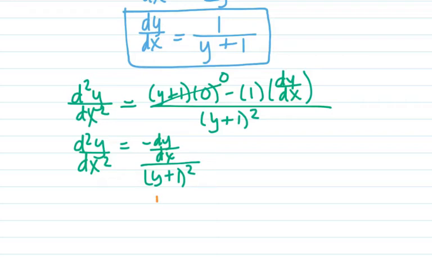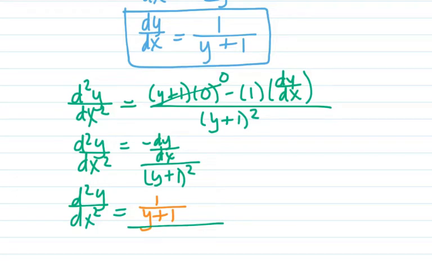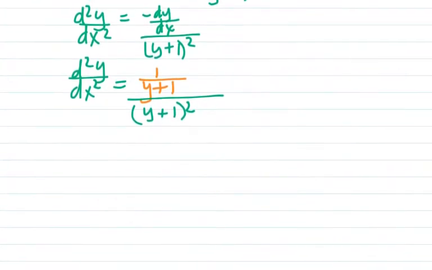So our numerator is 1 over y plus 1, all over y plus 1 squared. So this is a complex fraction. Now I'm going to simply keep the numerator and multiply by the reciprocal of the denominator, just so I don't have a fraction in a fraction.